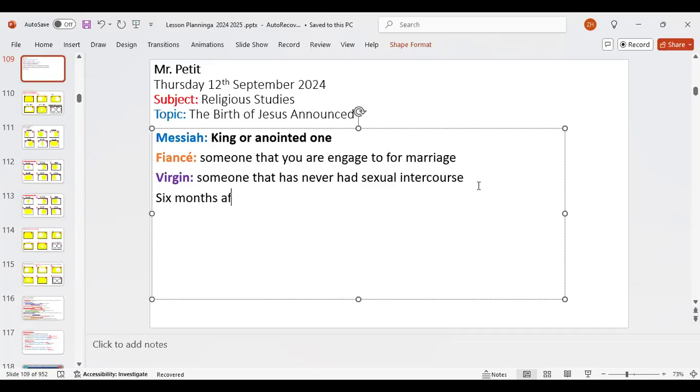So six months after the angel Gabriel visited Zachariah and told him that he's going to have a son, he came to Mary. Yes, Zachariah was with John the Baptist.